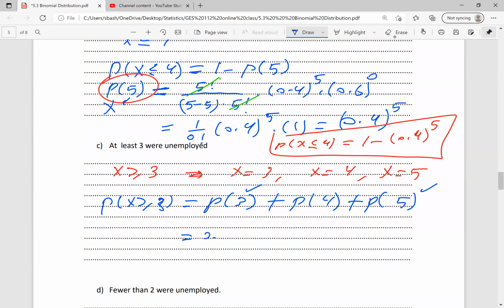So this is 0.2304 plus, I need to find now P of 4, plus P of 5 is equal to 0.4 to power 5.